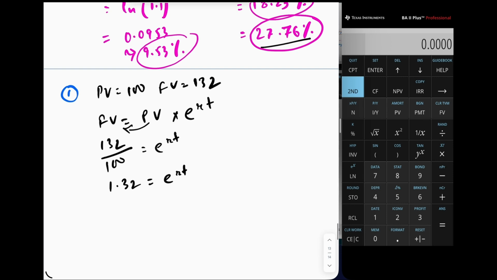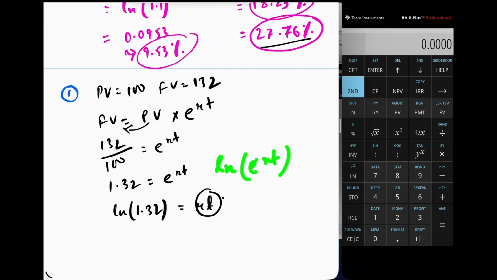If I put log on both sides, ln 1.32, this e will get removed and only RT will remain.